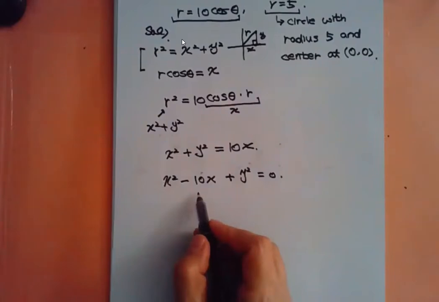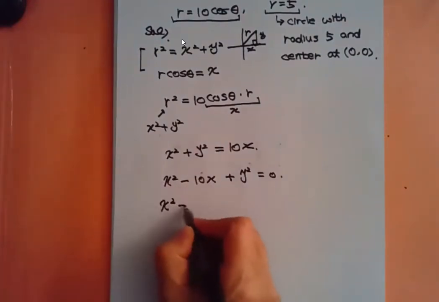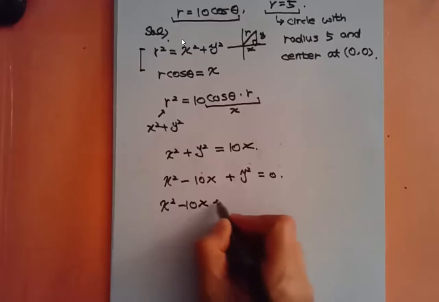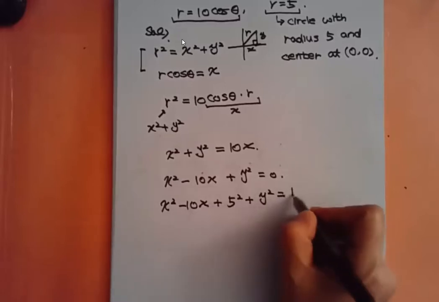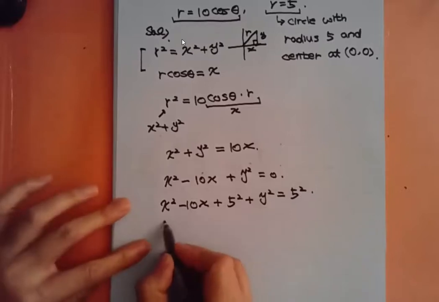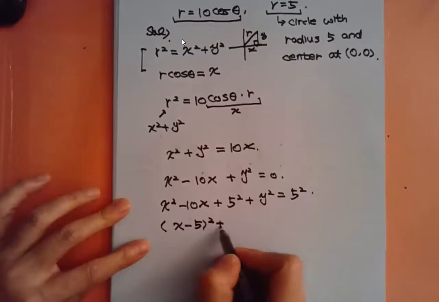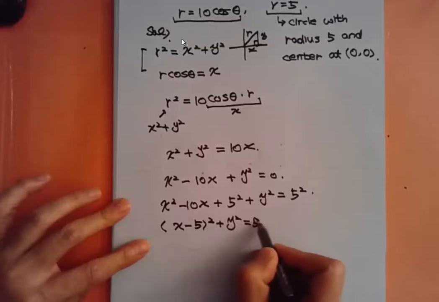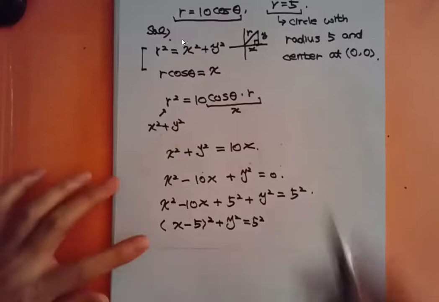So we think about half of this, then x squared minus 10x plus 5 squared plus y squared equals 5 squared. So when we do that, that becomes x minus 5 squared plus y squared equals 5 squared. This is something you learned in college algebra.